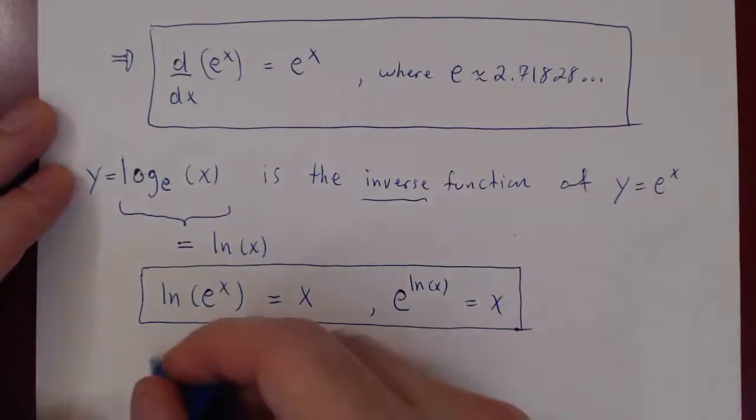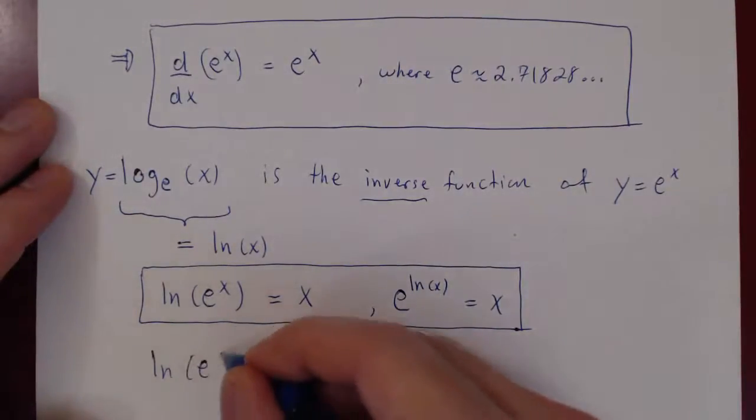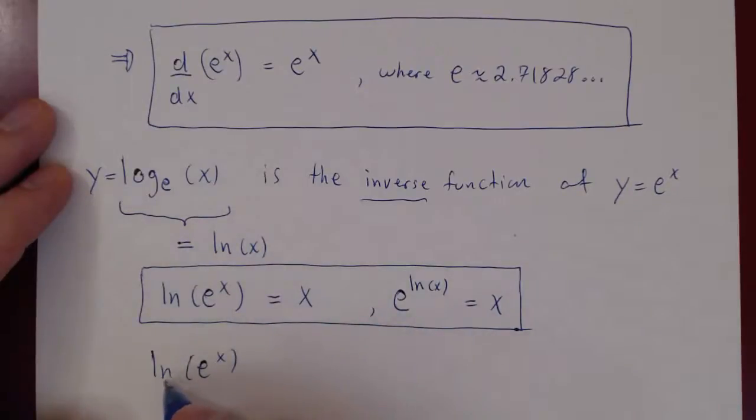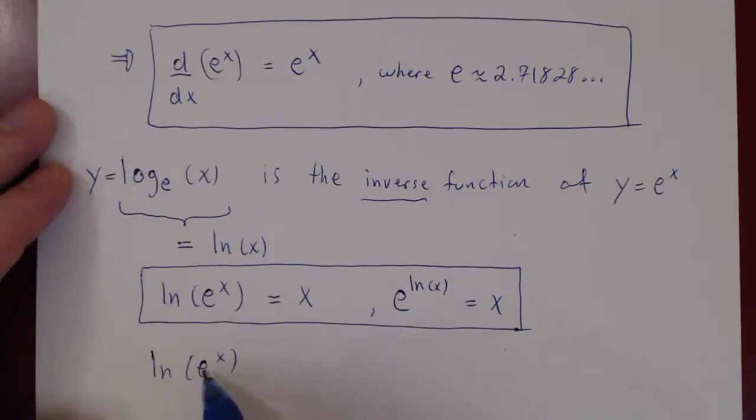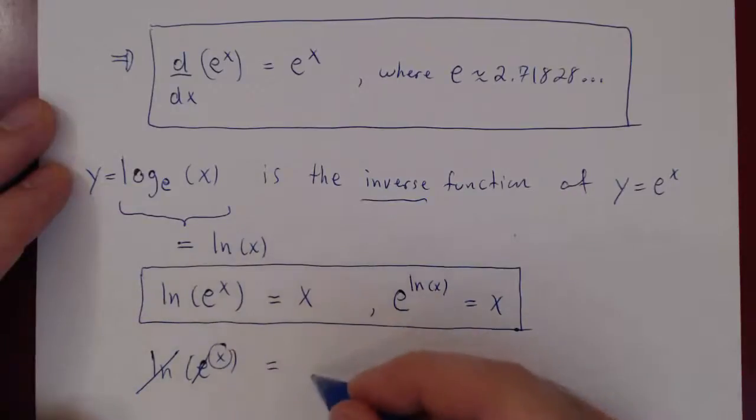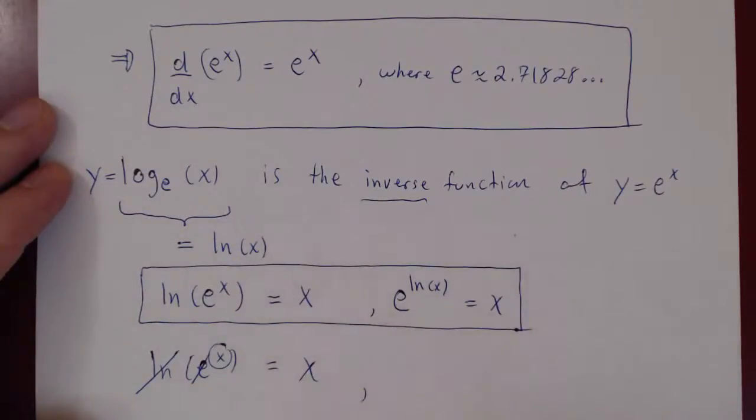So think of it this way. When you write ln of e to the x, the ln is by definition log base e of x, and it cancels e by composition, so ln cancels e, and all you're left with is the argument x. Same thing if you compose in the opposite order.